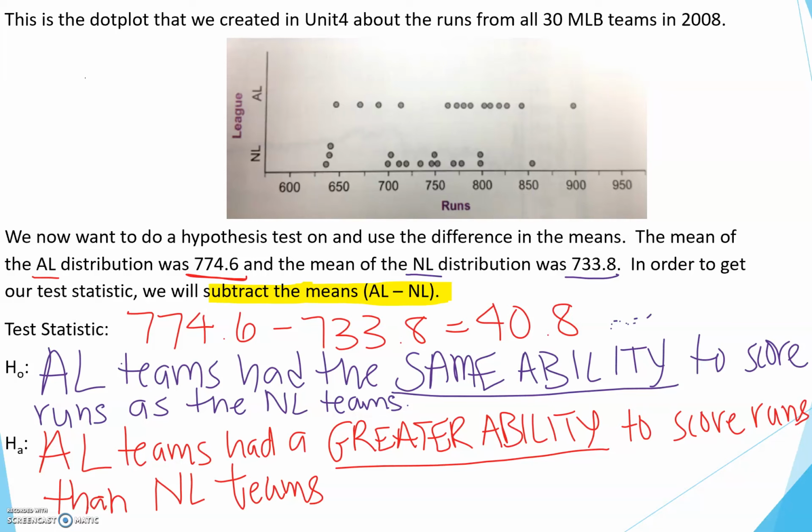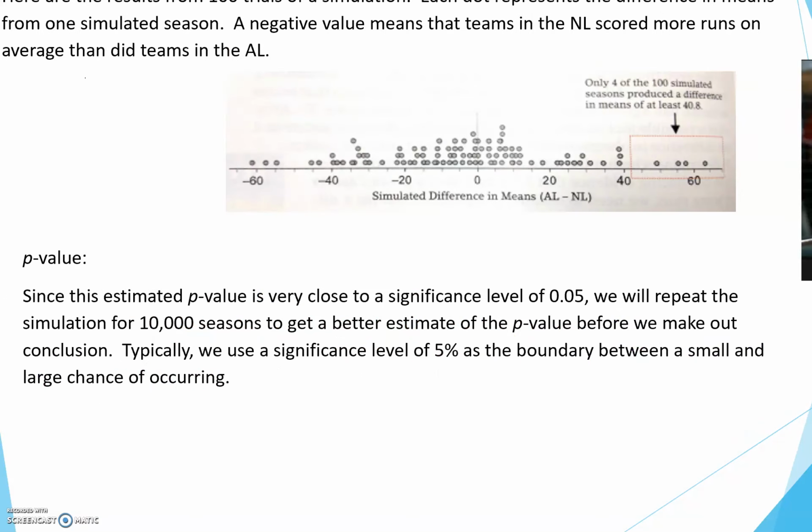Let's look over on the next page here. So here are the results of 100 trials. Notice my little box over here. Each dot represents the difference in the means.